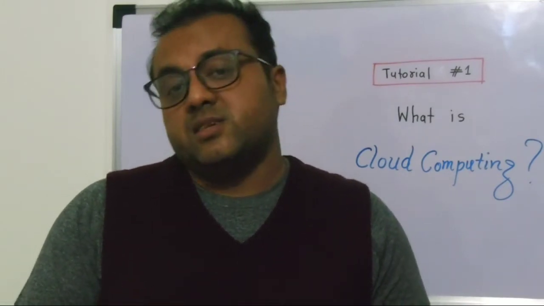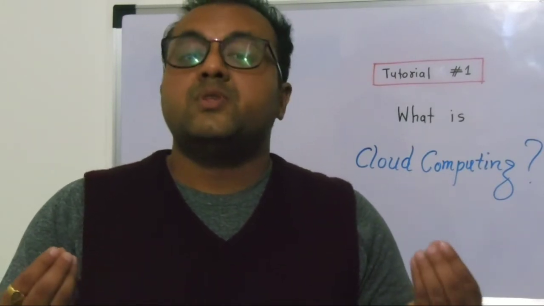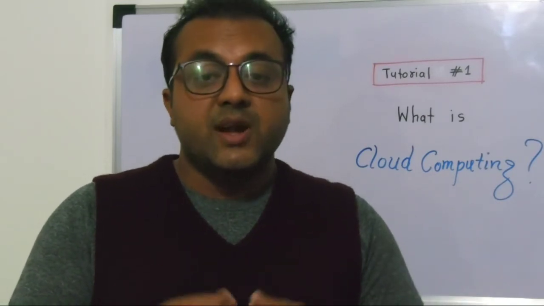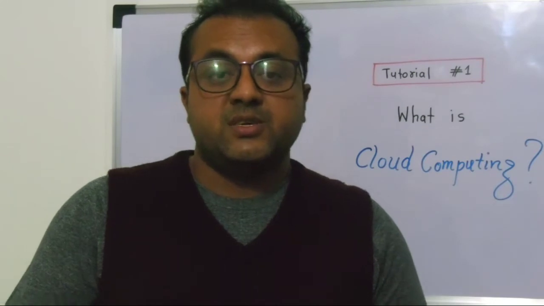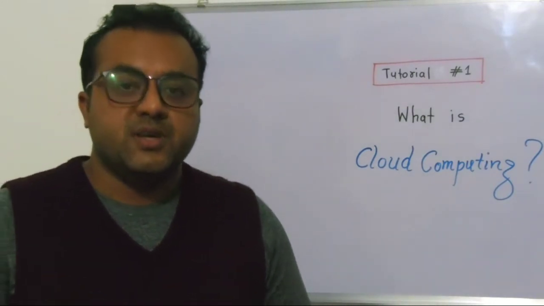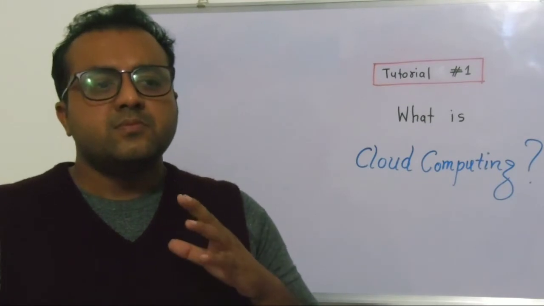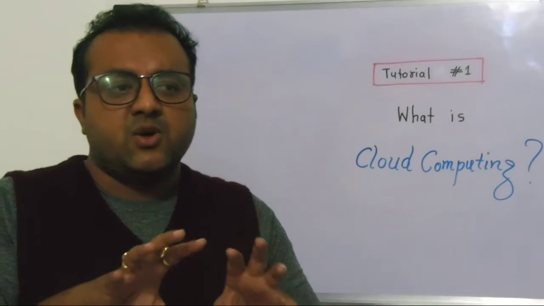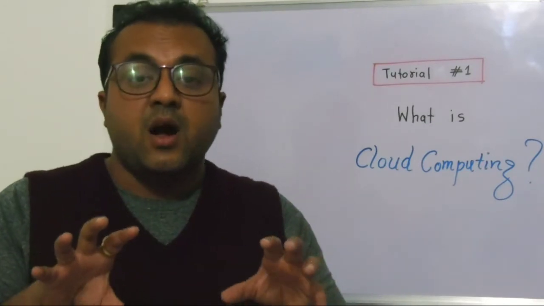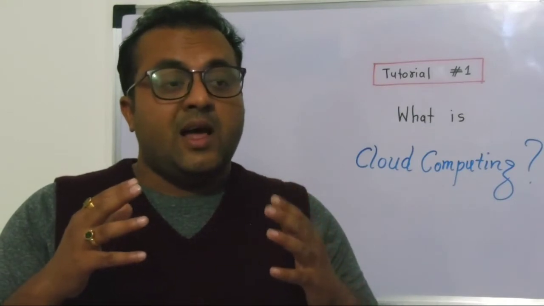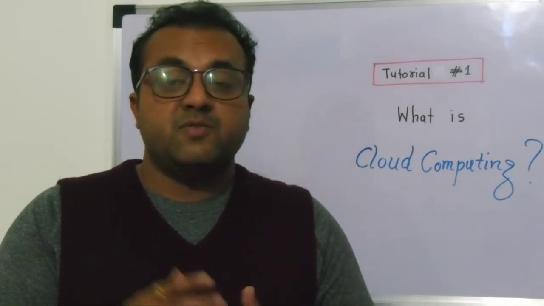You will be utilizing these particular components through the medium called the internet. So with the internet, you will be utilizing these components and getting your work done, and you are paying as per your need. So that is the correlation of cloud computing technology with taking a house on rent. So you can keep this example in mind and it will help you to explain things whenever you face an exam and interview.